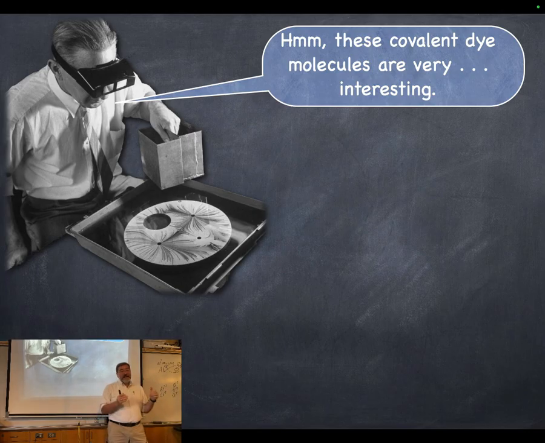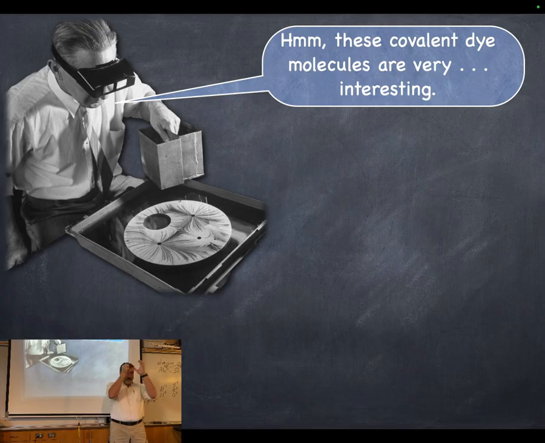And when they share electrons, we form what we call a covalent bond. So a covalent bond is the attraction of the nuclei of two atoms for a shared pair of electrons.